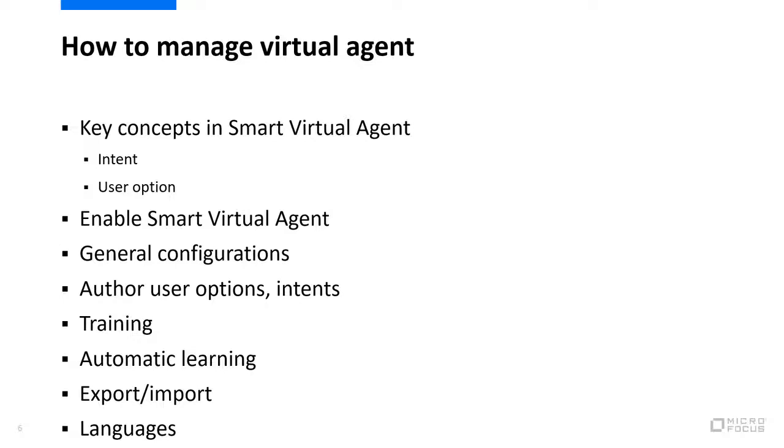After the user chooses one of the particular intents, the virtual agent will go through a series of questions based on the user options. I can show you these two things in later demos.